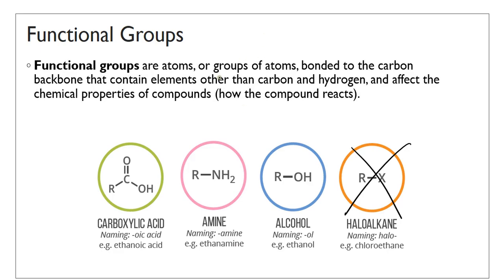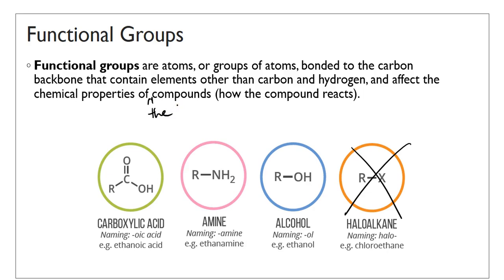Oh, shocking. Okay, so functional groups are atoms or groups of atoms bonded to the carbon backbone that contain an element other than carbon and hydrogen, so it's not a hydrocarbon, and affect the chemical properties of the compounds, which is how the compound reacts.